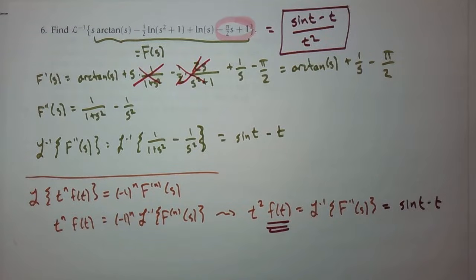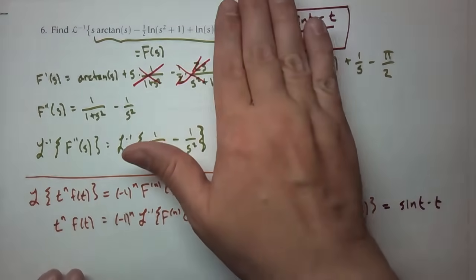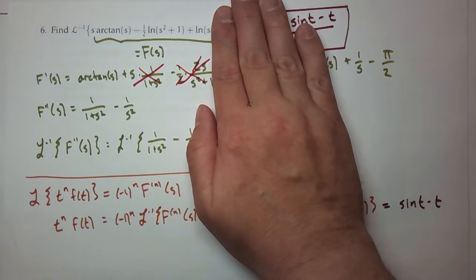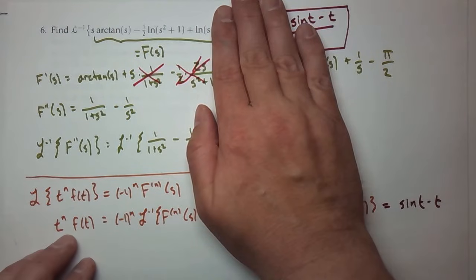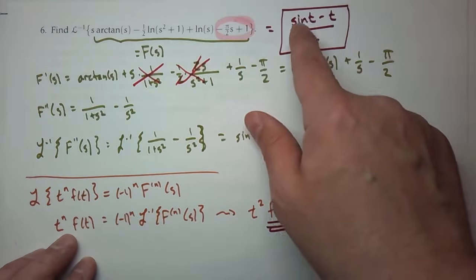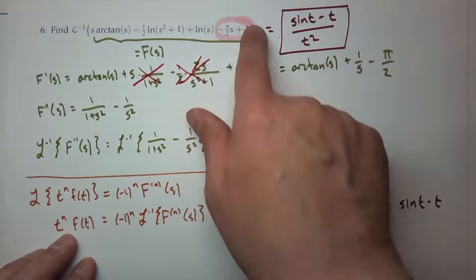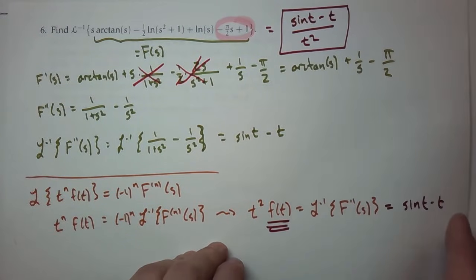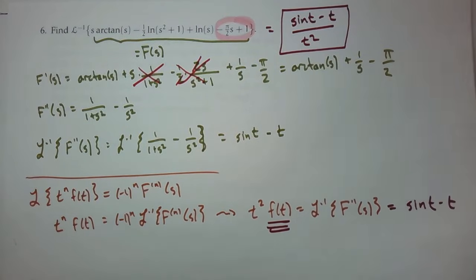And if I'm not, something's wrong. So the problem is, if you only have this part, this does not go to 0 as you let s go to infinity. And so to make it a proper Laplace transform, if you went to Wolfram Alpha and asked for the Laplace transform of sine t minus t over t squared, it will have this extra part, and it is needed. But in terms of the problem, you don't need to know that. I just wanted to point that out in case you go home and wonder why Steve did that. It's because the problem needed it, even if we didn't need it.